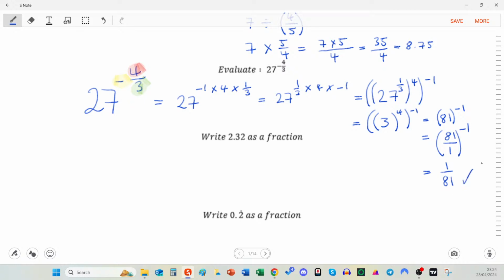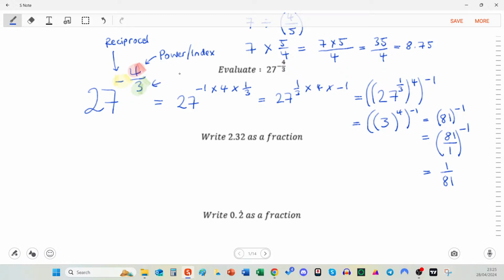We've evaluated this. And there's a way of dealing with this. You could see that if you've got a negative, that means that at some point you're going to have to find the reciprocal of 27. If you've got a power, a fraction here, the numerator is your power, or your index. It's probably a bit more technical.